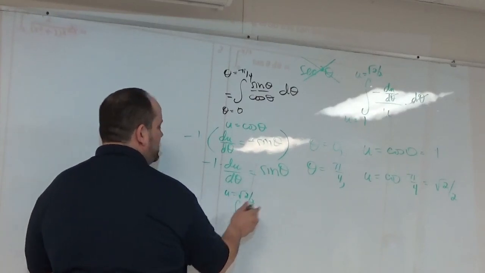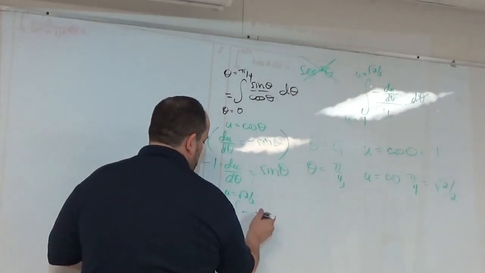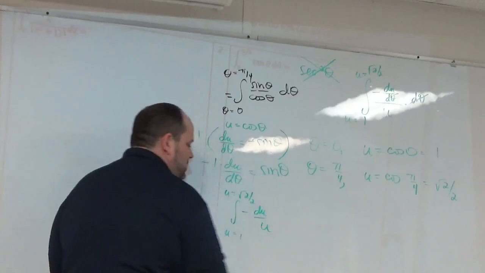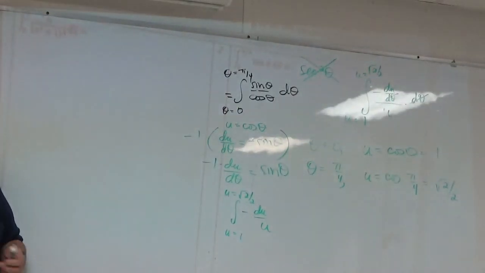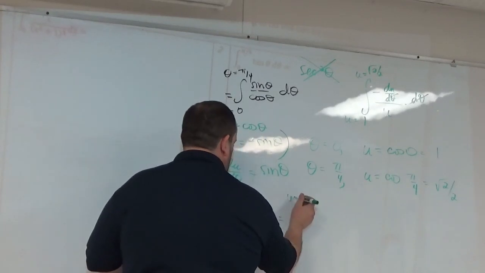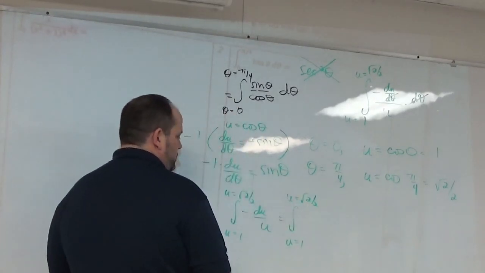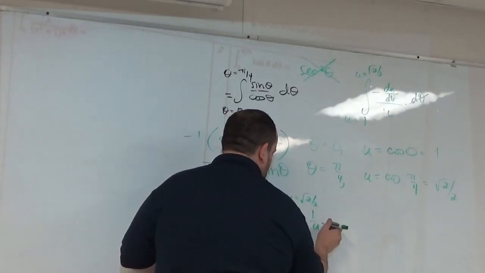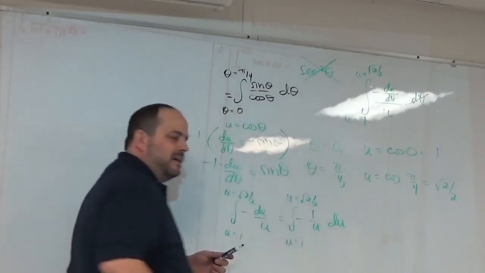It goes from 1 to square root of 2 over 2. Negative du over u. If you want to write that a different way, u goes from 1 to the square root of 2 over 2. This is the same as negative 1 over u du.